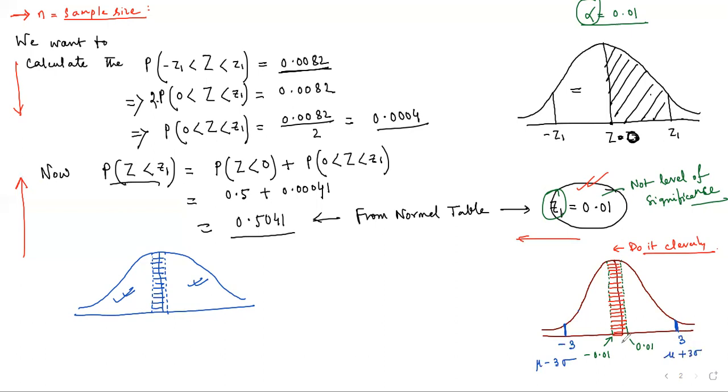This -3 is coming corresponding to Z, and mu minus 3 sigma is coming corresponding to X. If I find the difference between the two points, mu plus 3 sigma minus mu minus 3 sigma will give you 3 sigma plus 3 sigma, which is called 6 sigma.